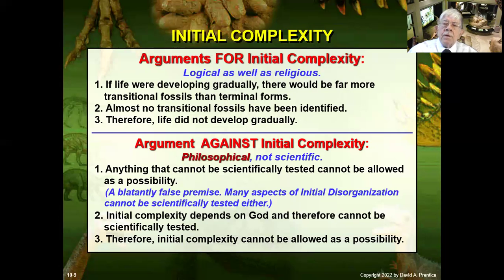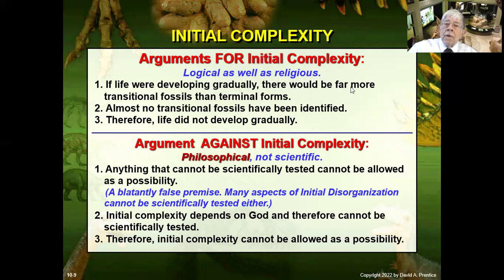So creation, which I identify as initial complexity, complex to simple, relies upon logical as well as religious arguments. So I'm not going to mention Adam and Eve and so forth. Not going to mention the Bible, even though I believe every word of it.